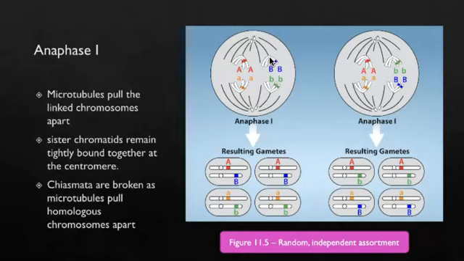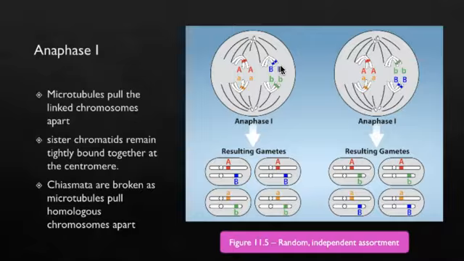And they don't separate yet. Instead, it's the homologous pairs that are pulled apart. As this happens, the chiasmata break apart, which releases the crossover connections while ensuring each chromosome moves to its assigned pole.